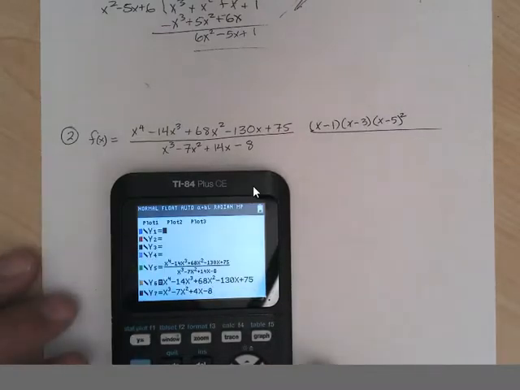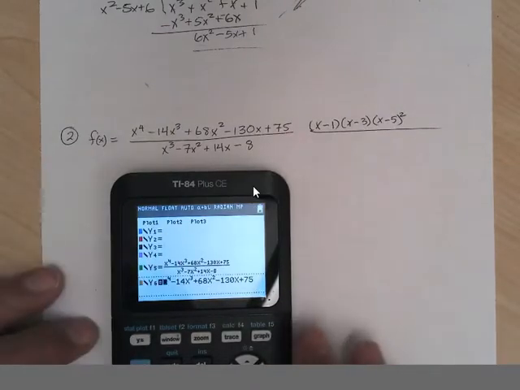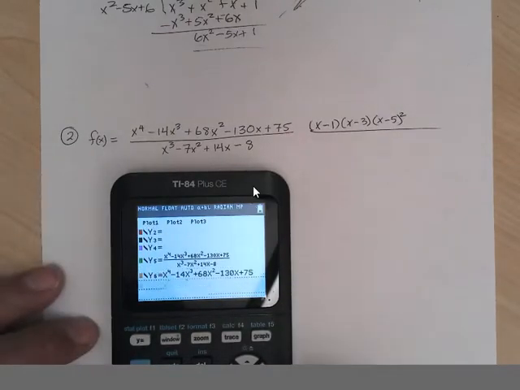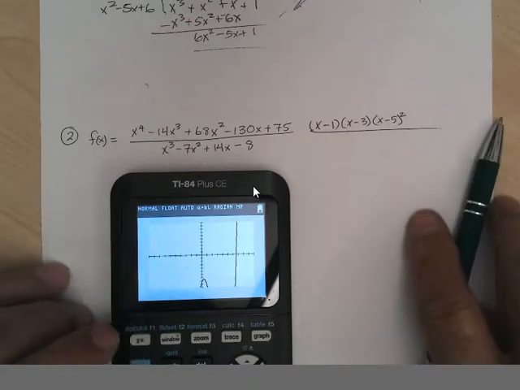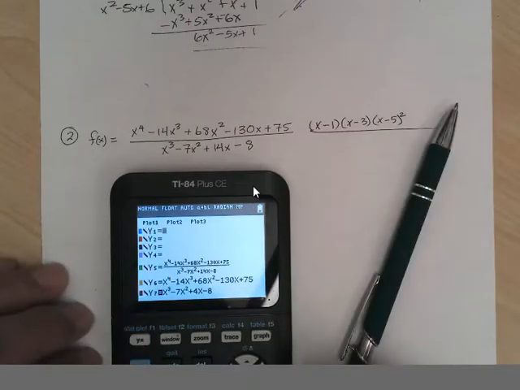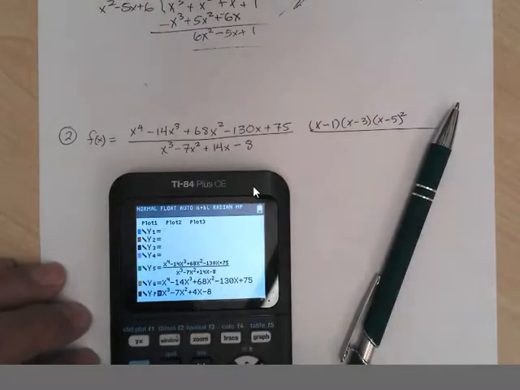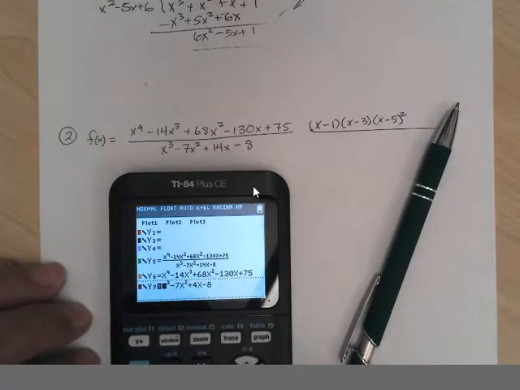Now the denominator. So I'm going to turn that one off and turn that one on. Graph. And it goes, I must have typed something in incorrectly. Oh, it's 14x, not 4x. Missed a 1.